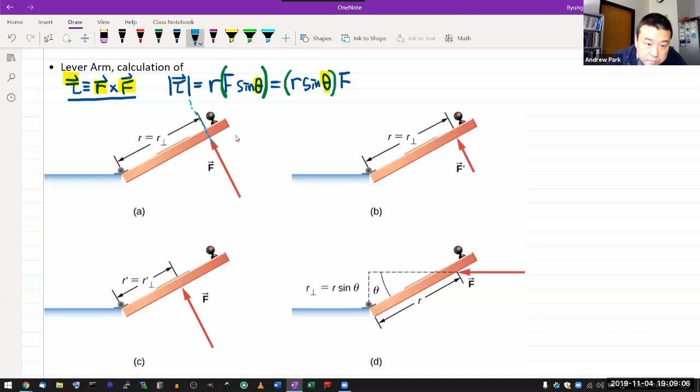So the theta would be this angle here. This would be theta. A, B, C, they are all the same. Theta would be this angle here because I'm imagining this being the F and this being R. So with these two vectors, what we define as theta is the angle between these two vectors.